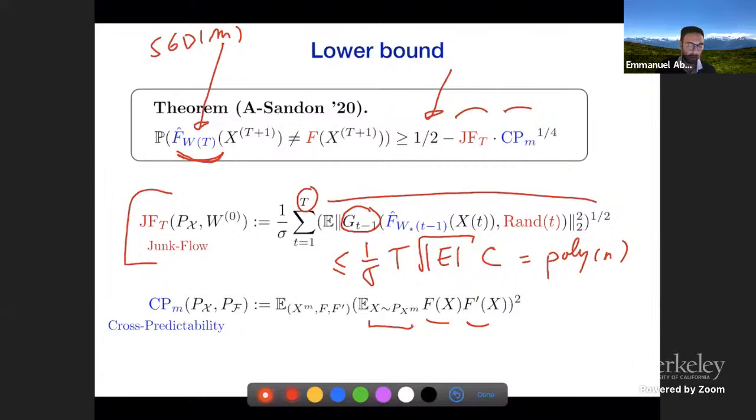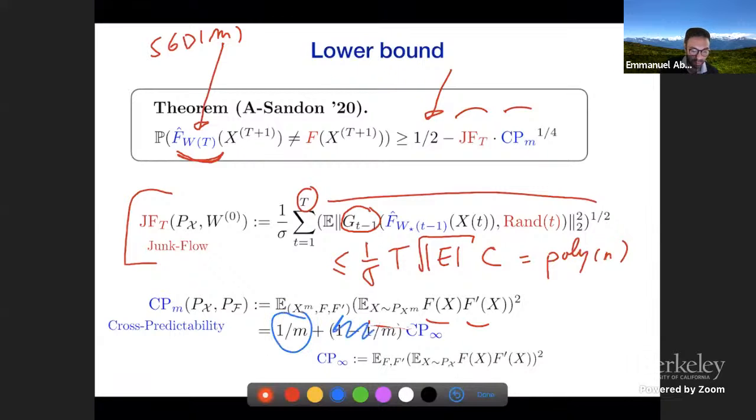And now if you look at the cross predictability, if you write how it is expressed in terms of the parameter n, which is the size of the batch, it gives like 1 over n plus, you can ignore this, it's equal to 1 or some constant, plus the CP infinity, which is just the same notion, but when you take the population distribution for computing your correlation between two typical functions in your class. Now, this quantity here can be small.